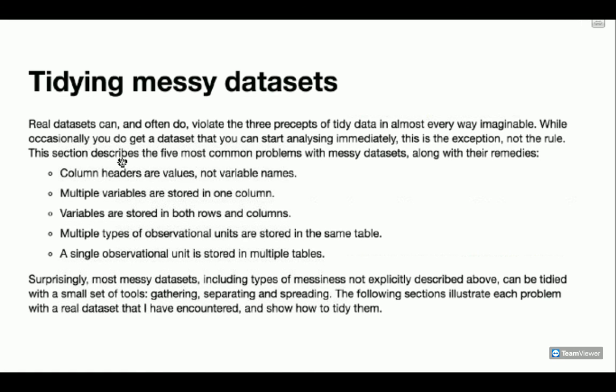So here I have some more rules. It's not really rules, but some problems that you may encounter with messy data sets and how you can change these. Mostly, column headers have to be variable names, not values.